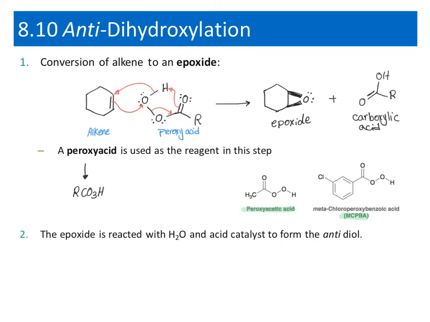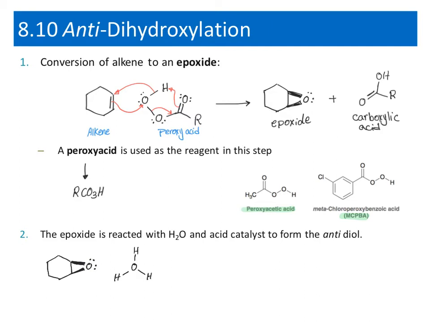Then the epoxide wants to release the ring strain, so in the next step we are going to add some sort of acid to the reaction. So this is our epoxide, and we are going to add H3O+.